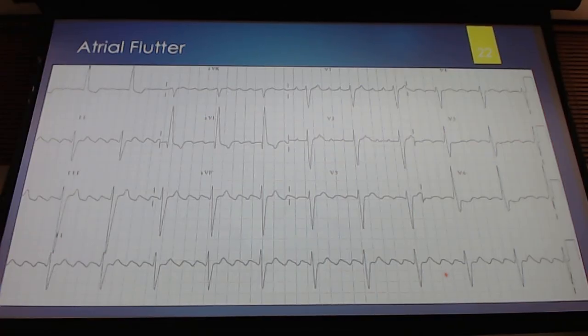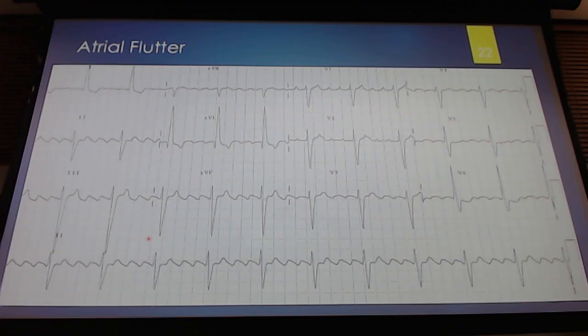This is atrial flutter, and this is a 3-to-1 block atrial flutter, meaning for every 3 atrial beats, we have one that gets all the way down for depolarization of the ventricles. And how do we know this is a 3-to-1 block?